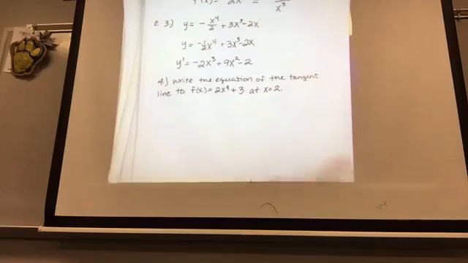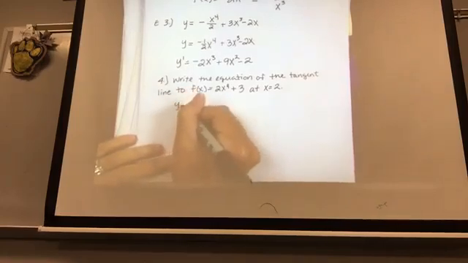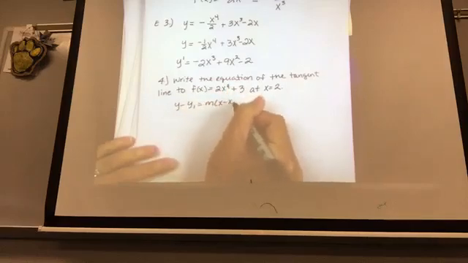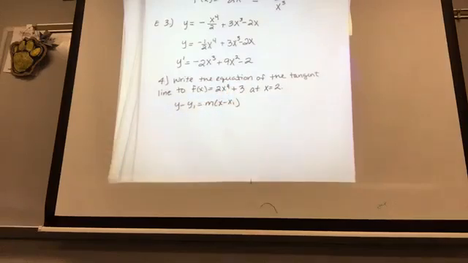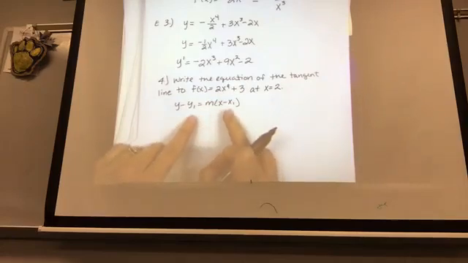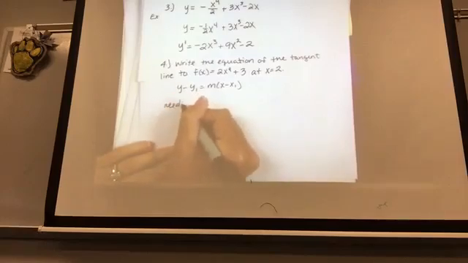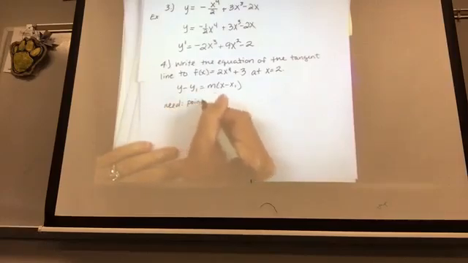So write the equation of the tangent line. We're going to stop and do what? Write the formula. y minus y1 equals m times x minus x1. That's what I'm writing. So I need my point, and I need my slope.